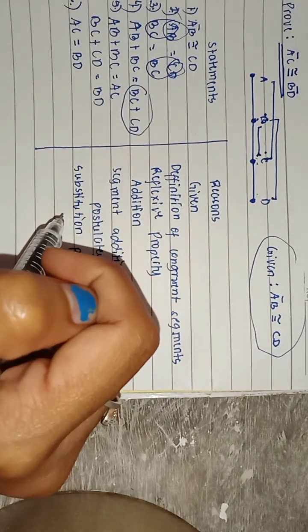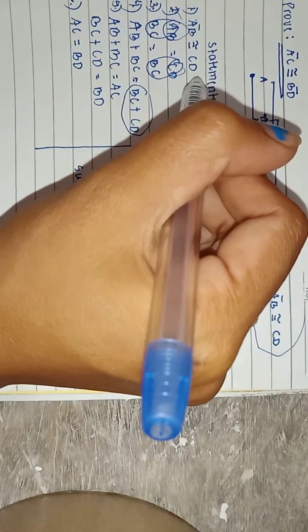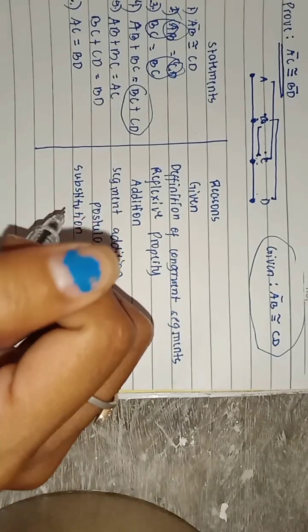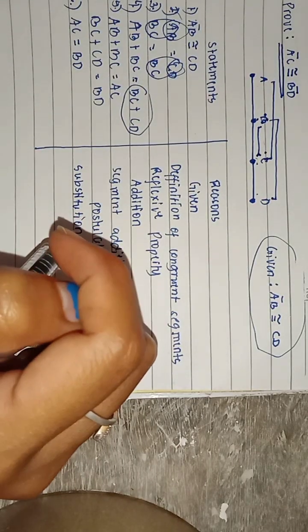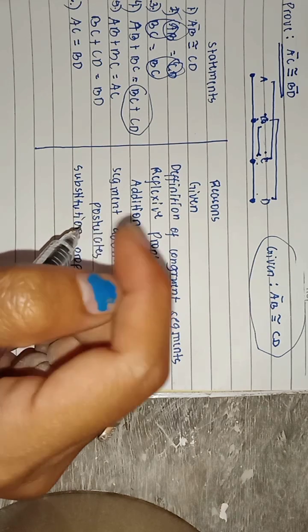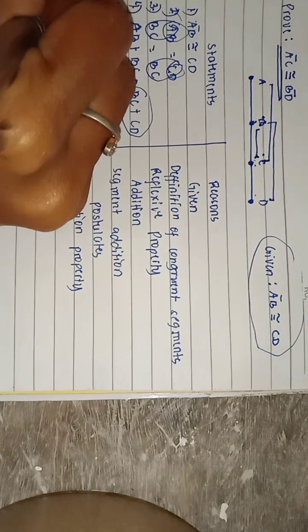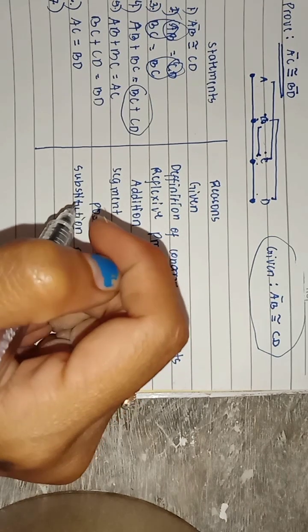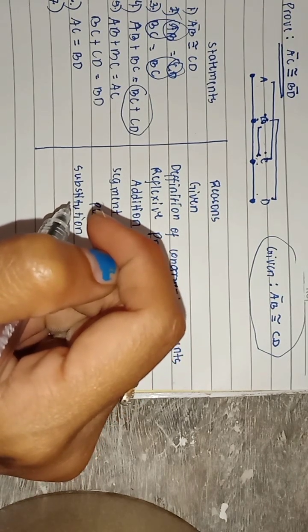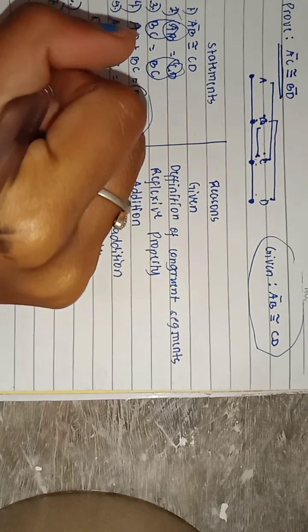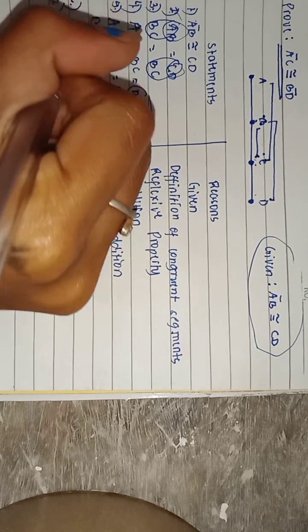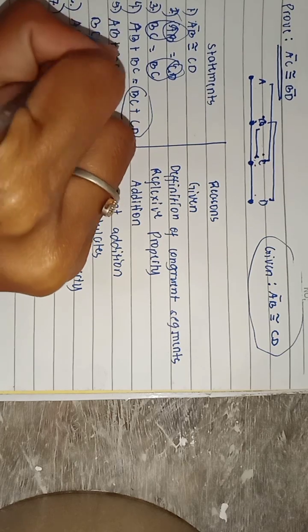Now, think about how we went from step 1 to 2, using the definition of congruent segments. So now we're gonna go, if AC is equal to BD, then we can say that segment AC is congruent to segment BD.